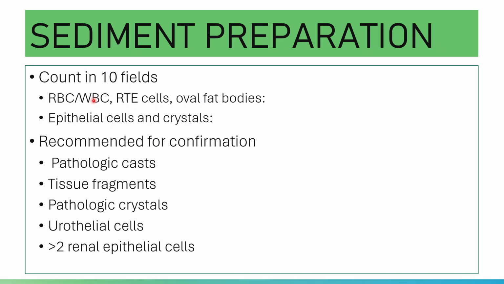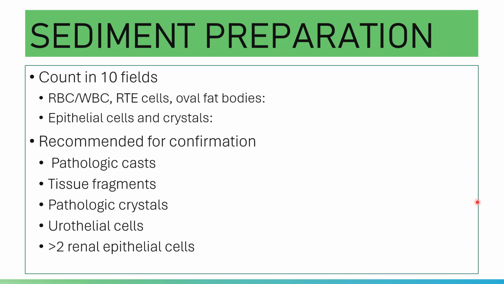Just to add here, bacteria are examined or counted using high power field, and they are reported per high power field or semi-quantitatively as negative, rare, few, moderate, many. That is for your epithelial cells and crystals, as well as your red cells, WBCs, RTE, and OFB.